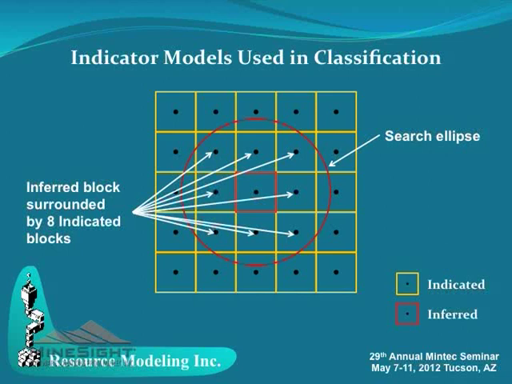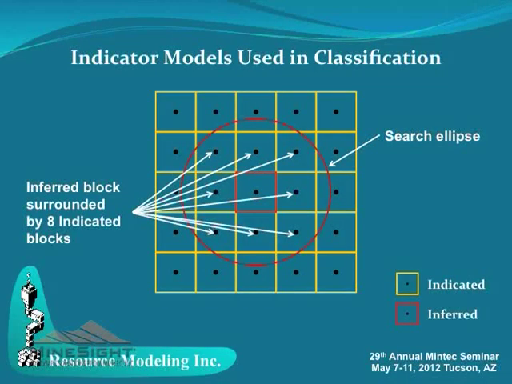So I cleverly set up a search strategy so that the block that's going to be estimated can see each adjacent block, not only the four side blocks, but I've got a search ellipse that will allow the corner blocks to also be eligible. So in this case, we've got 8 surrounding blocks here.